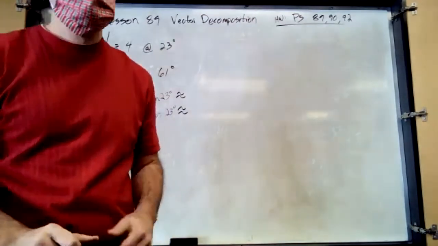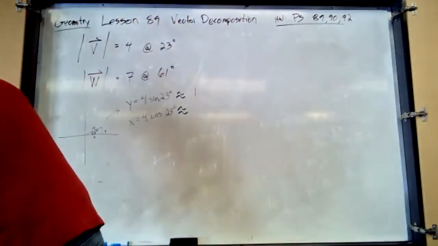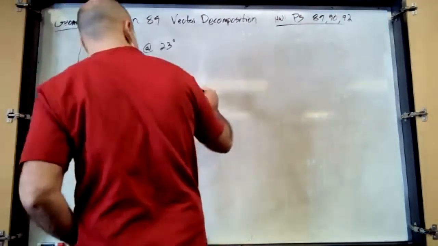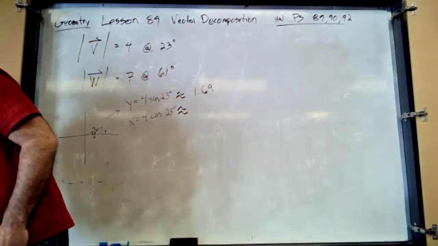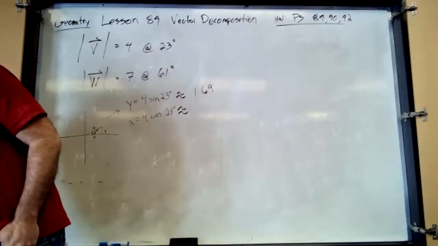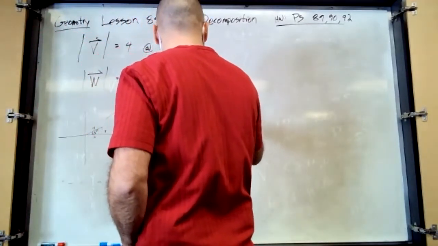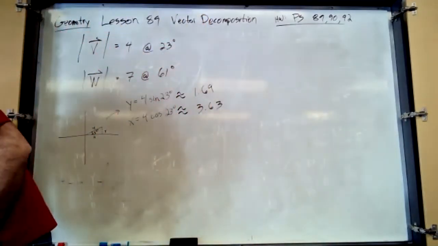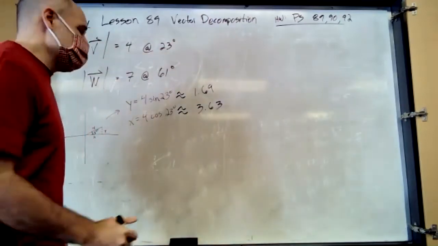Y is 1.69-ish. Okay, and what's cosine of 23 times 4? 3.68. Okay, I got 3.63 in the book here, so that's close enough. All right, so here's what we got.